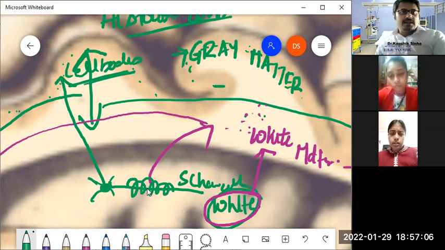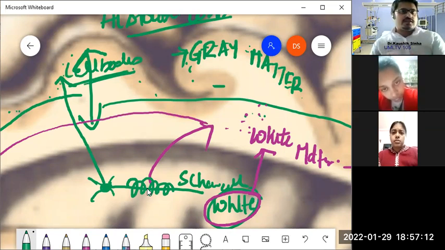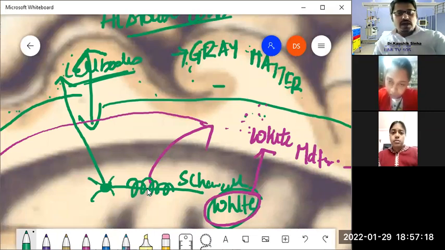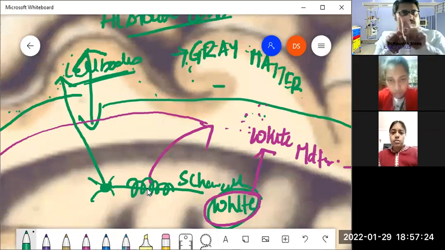Because the entire thing is not made by one neuron. There are multiple neurons which make up this sheet called the cerebral cortex. Right. Now, these multiple neurons are all organized. How? Axons are organized into bundles. One axon, then another axon, then another axon, the bundle of axons.